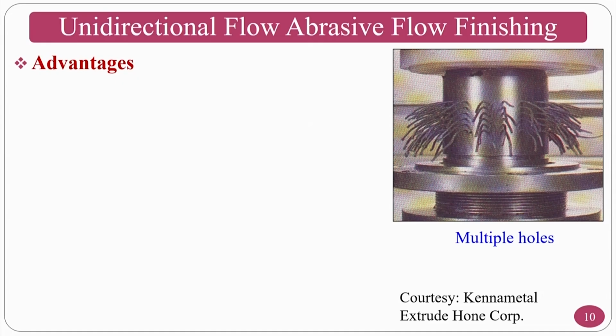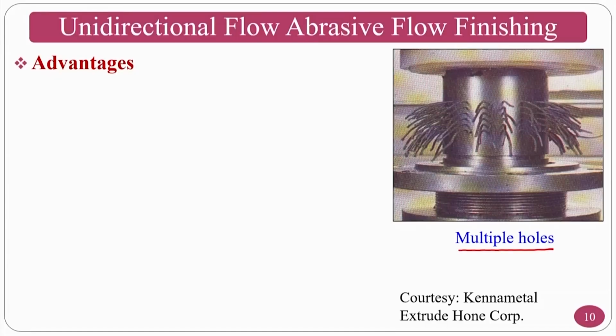Another application of this process, where you don't require the medium collector and other things, is that multiple-hole workpieces can be finished. You will have a big medium cylinder in which the medium is filled, and you extrude it through these holes. It is one way, so the medium comes out through these holes and the holes will be finished properly.